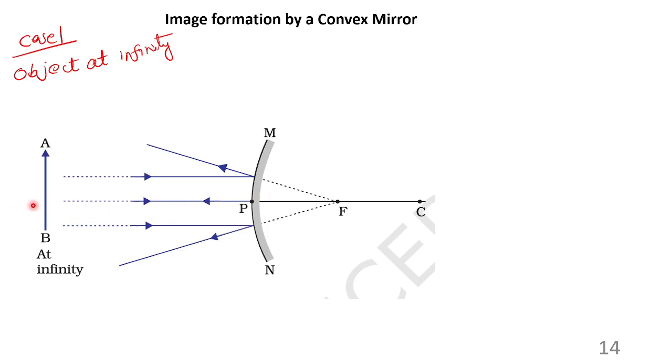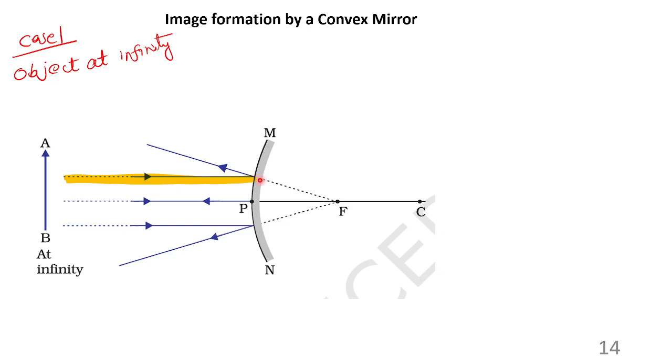The mirror is kept like this. The sun is at infinity, so all the sun rays will be coming as parallel rays. You studied it as a rule. Please listen. Consider one of the parallel rays from the object. After reflection, we studied this as rule 1.